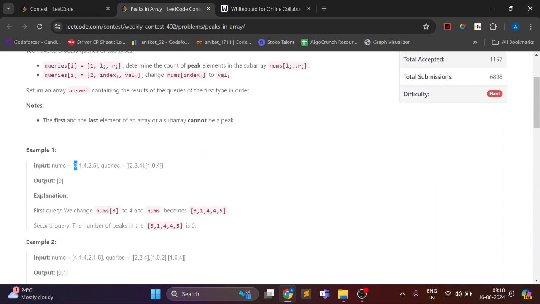So for example, in this problem we have nums 3 1 4 2 5 and queries 2 3 4 and 1 0 4. The first query updates the element at index 3 with 4, so the array becomes 3 1 4 4 5. The second query asks for all the peaks from 0 to 4, and there is no single element which is greater than both its previous and its next.